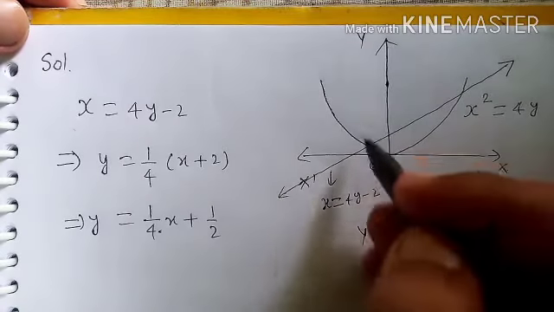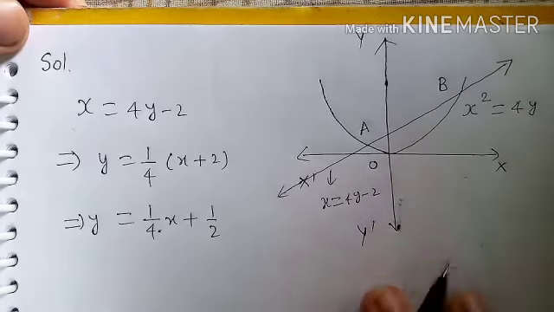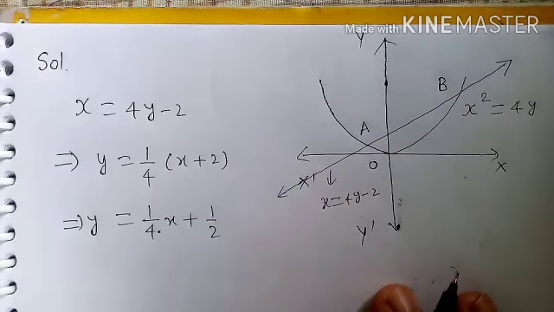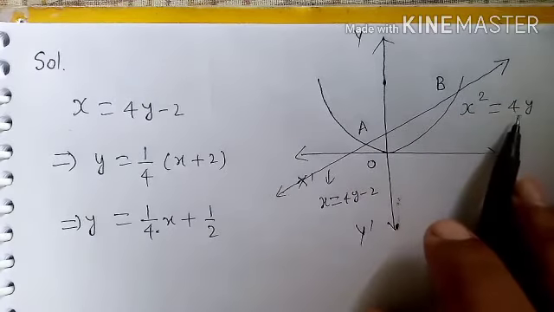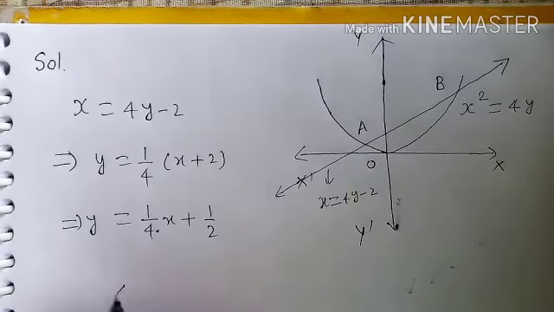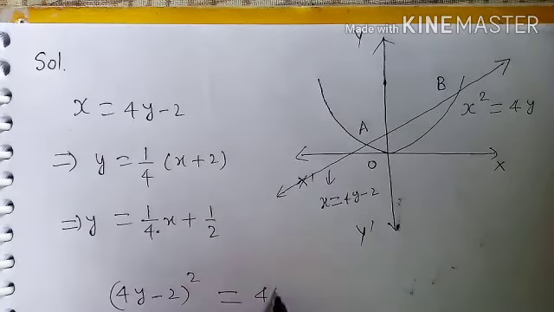Now we have to find the points of intersection A and B. The way is we put x as 4y minus 2 in the parabola. So 4y minus 2 whole square is equal to 4y.